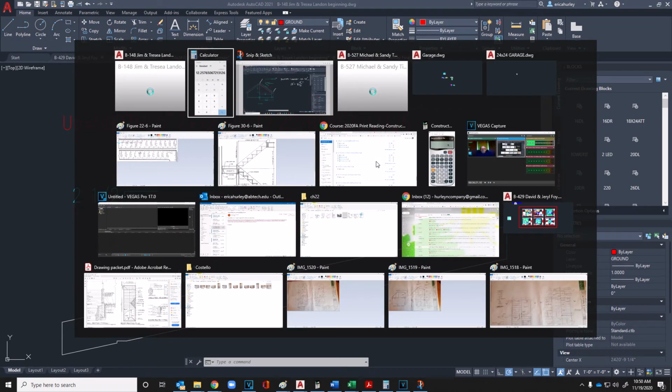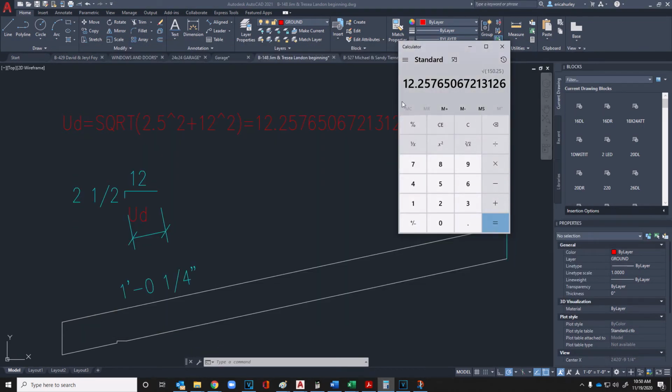So let's go back and check that just to be sure. So I'm going to subtract the 12, and I'm going to multiply this number by 16, and I end up with 4/16, which is 1/4. Look at that. So these numbers did not affect the end result on my unit diagonal there. So that's good.